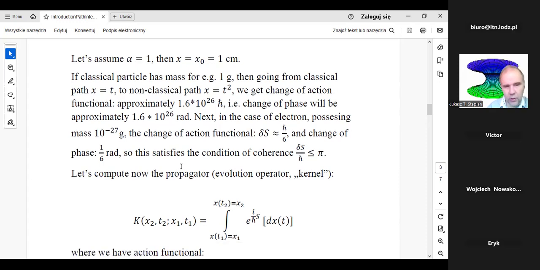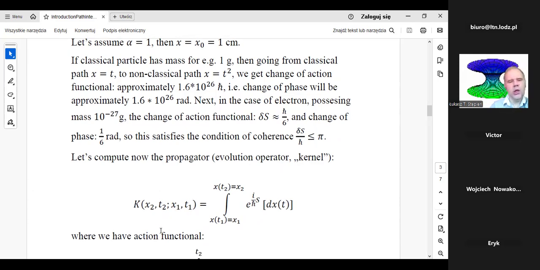And now I change some notation. Now I call the evolution operator as propagator, and I denote this by K, because very often in path integral approach, people call the propagator or evolution operator as kernel.